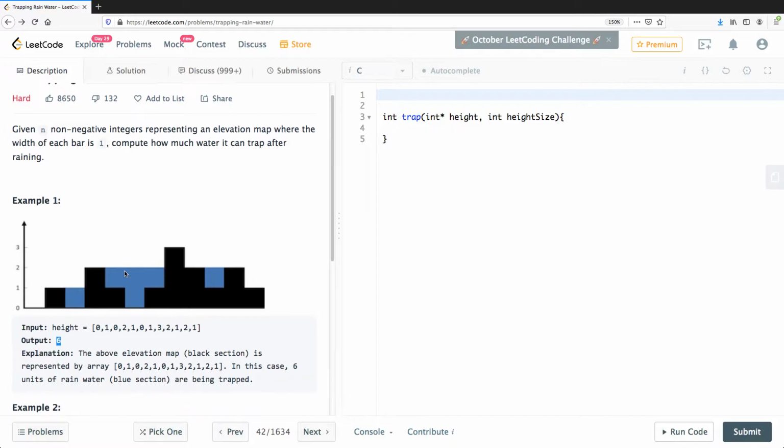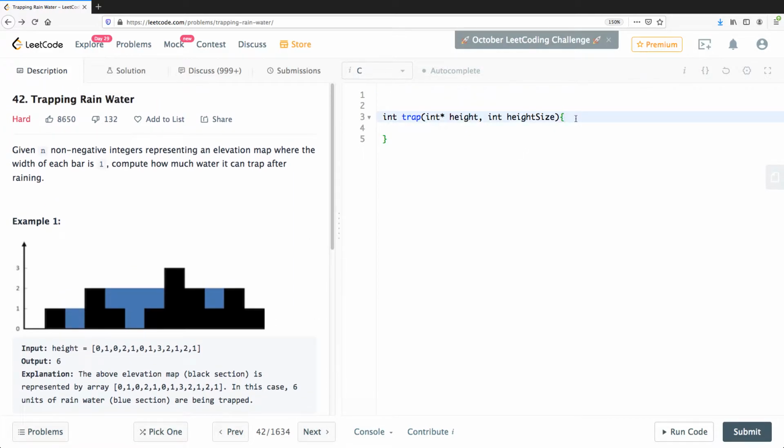So with that approach, let's try to do this problem. We will need a variable to hold our accumulator, where we will be storing how much water can be stored, and then we would need two variables, which are right max and left max.